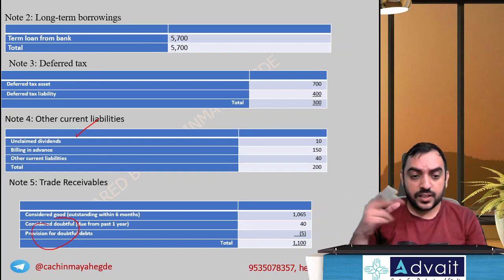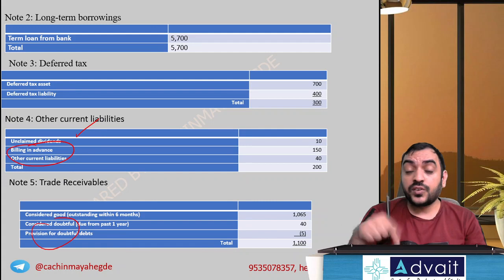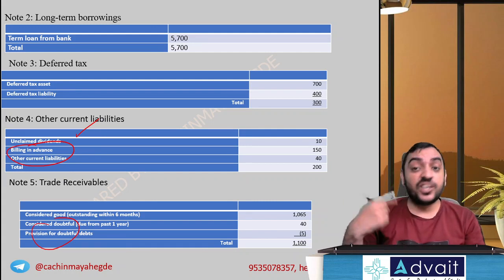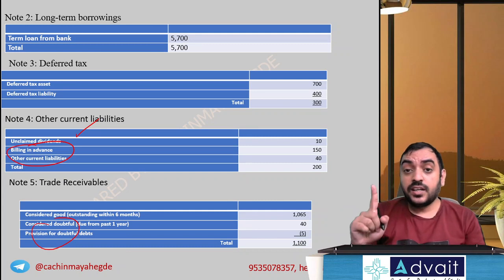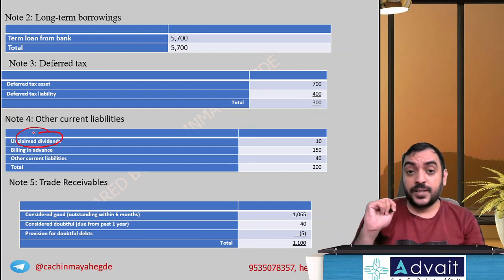And those things, billing in advance and other current liabilities, that is other current liability, not a financial liability. Billing in advance, your obligation is not to pay cash, your obligation is to deliver goods, so that will come in not as a financial liability, it's a non-financial liability. Other current liabilities also other current liability, but unclaimed dividend is a financial liability.